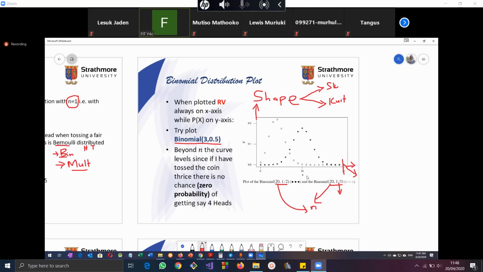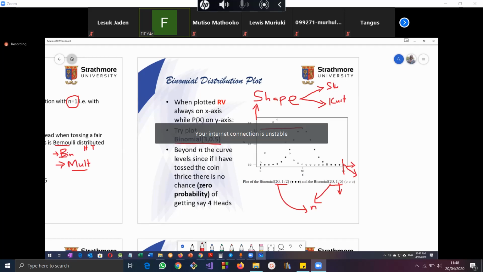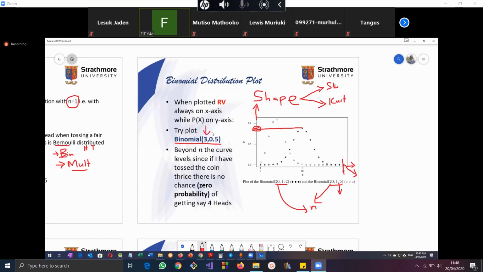So if I do 20 tosses of the coin, and I'm counting the number of heads, the probability that I'll get 10 heads is defined by this value here, okay? So at this time, I wanted to try and plot the binomial for 3 and 0.5, which is actually very easy. You will have your curve.